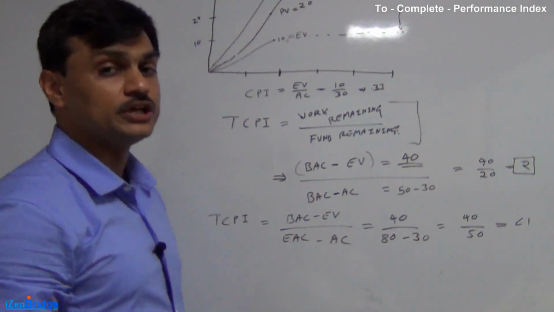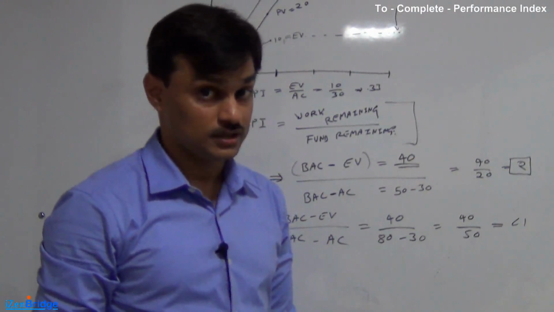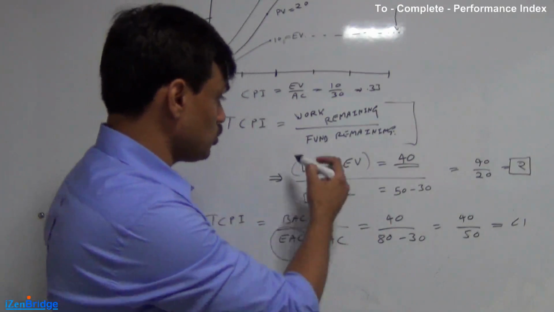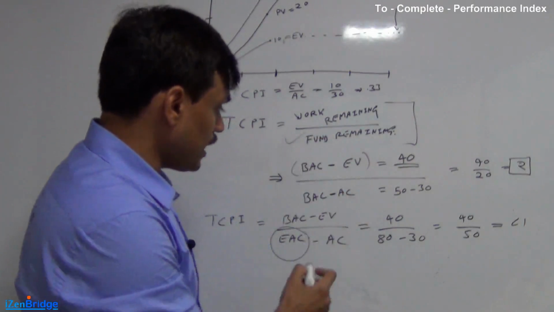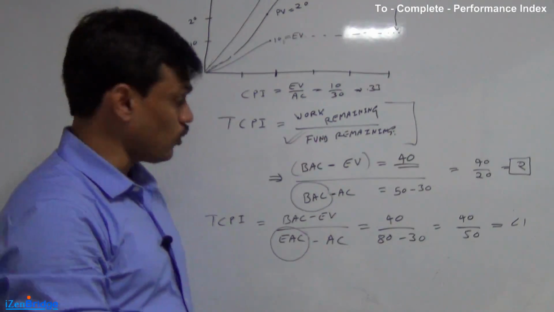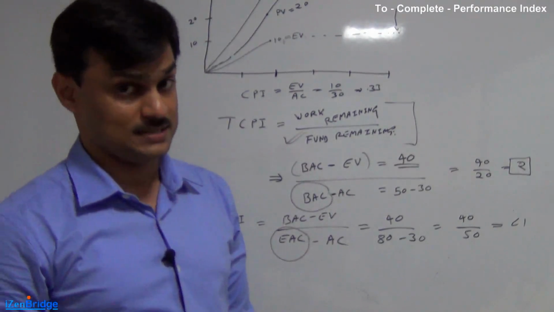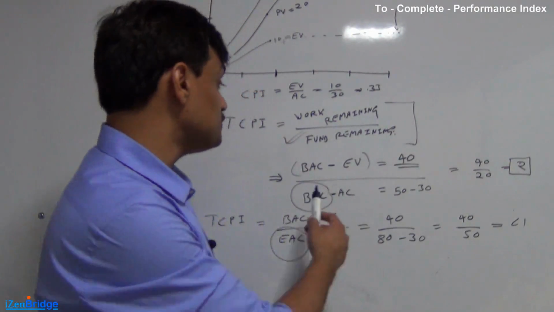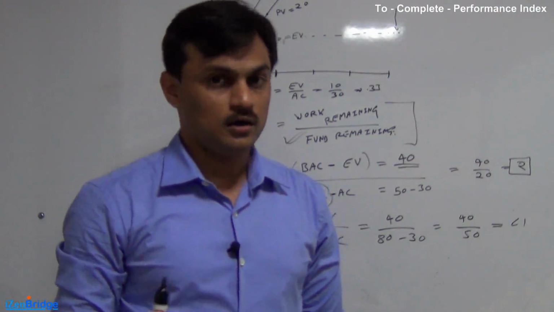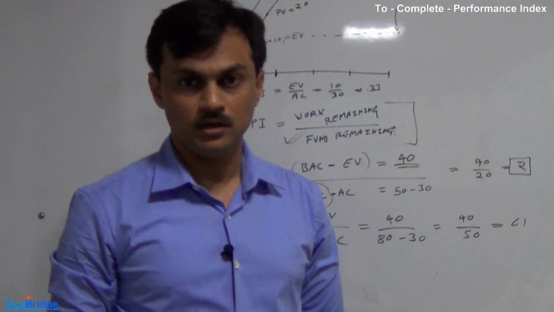Now here comes the real question which test takers get confused with. When to use estimate at completion to calculate fund remaining, and when to use BAC for calculating fund remaining, because both of these can be used. If I see a question in my exam, how do I know I should use BAC or EAC? This is what I get most of the time from the test takers in my forum. Now the answer is simple.